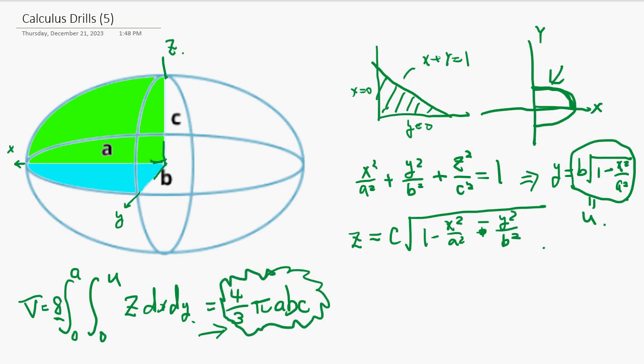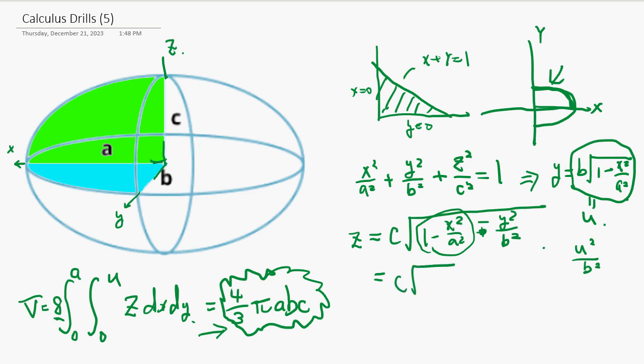So what remains is just the skill of taking an integral of the z. And z here, since this is u, is kind of u squared over b squared, right? Is that right?